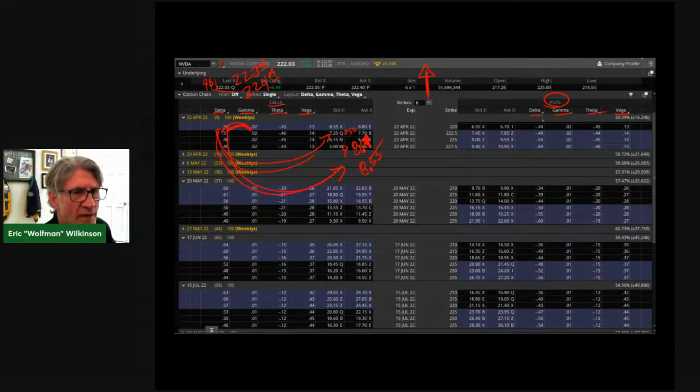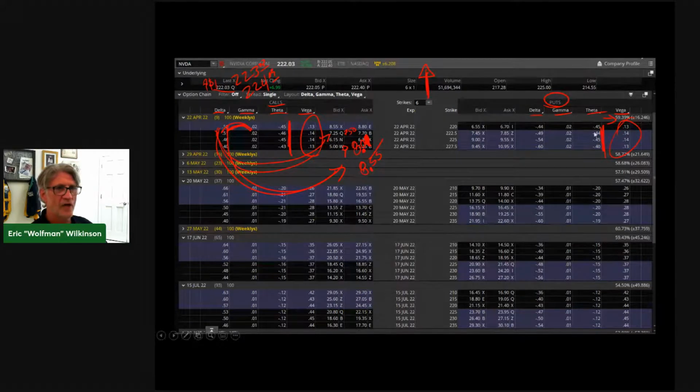Now, let's quickly look over here at the puts. We're not doing puts today, but here's where I was talking about the negatives. Theta is always negative. Why? Because you can't go back in time, folks, unless you've got a DeLorean. Vega is always positive, and it jacks up when we see premiums jack up with the volatility.